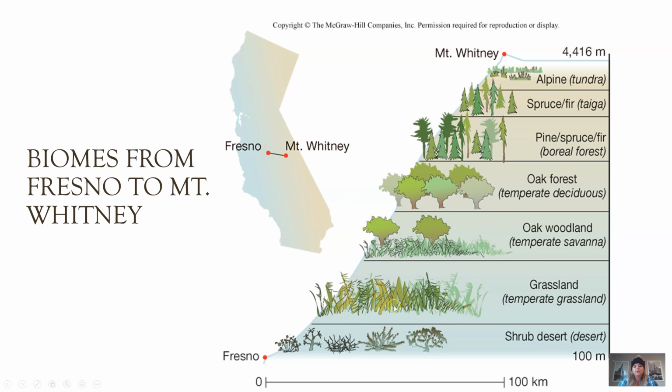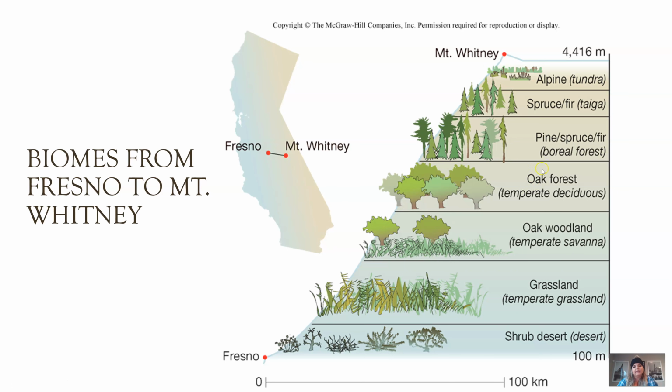When you get into the hills, over by Table Mountain Casino, Millerton Lake area, you're going to see a lot of grasslands. Once you get up into Coarse Gold, you're between the oak woodland and the oak forest. Once you get into about Oakhurst, you get into this oak forest where there's a lot more oak trees.